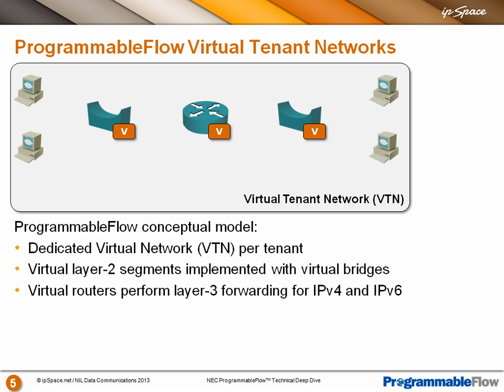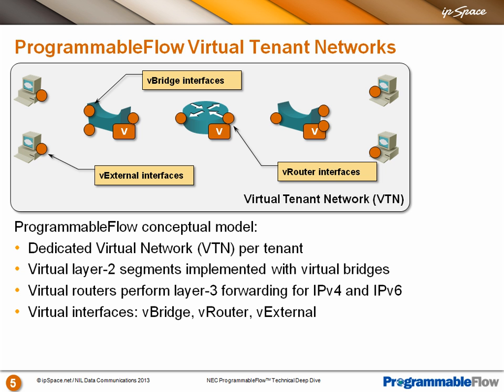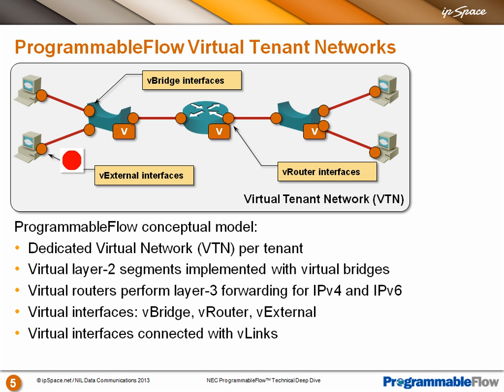And by the way, the virtual routers can do IPv4 and IPv6, which I think is more or less one of the first virtual networking products with full IPv6 support. Now, all these nodes have virtual interfaces. You have virtual bridge interfaces on the bridge, virtual router interfaces on the router, and external interfaces on the edges of the network. And finally, you have to add the virtual links that connect all of them together.